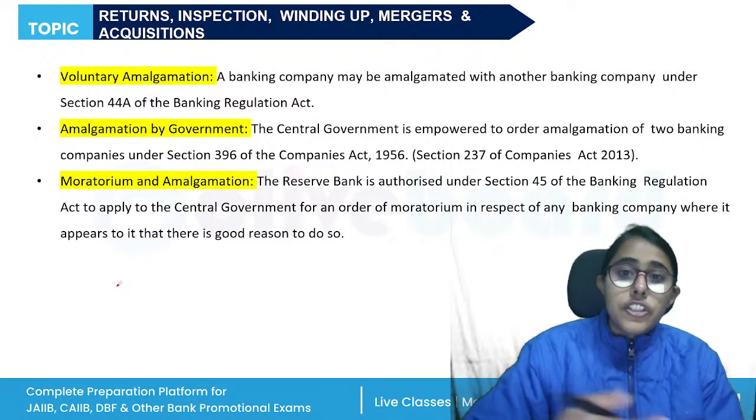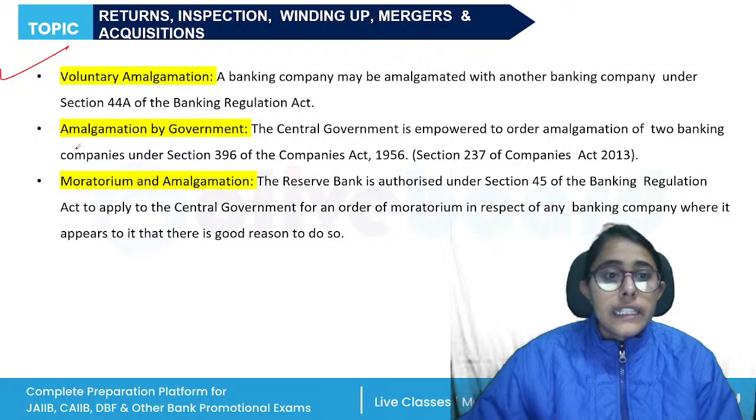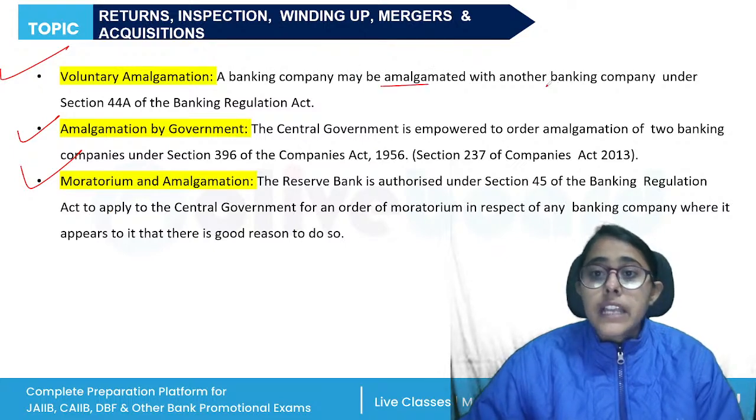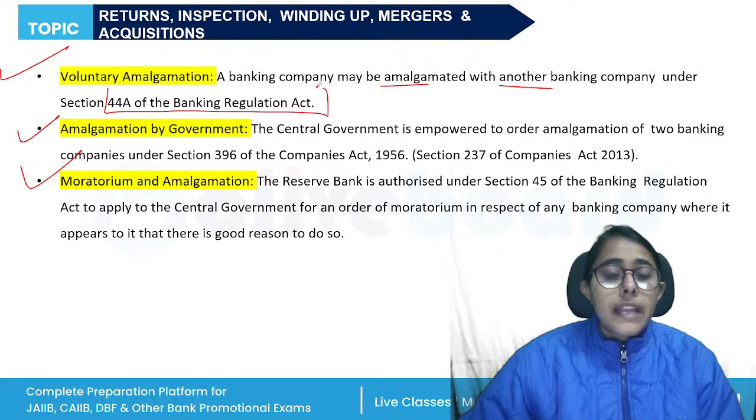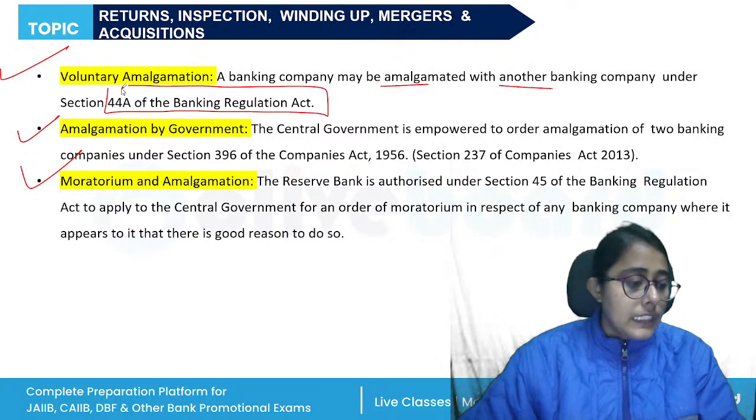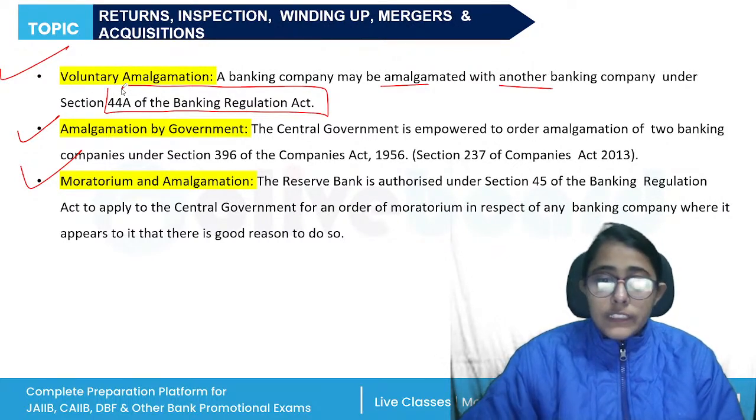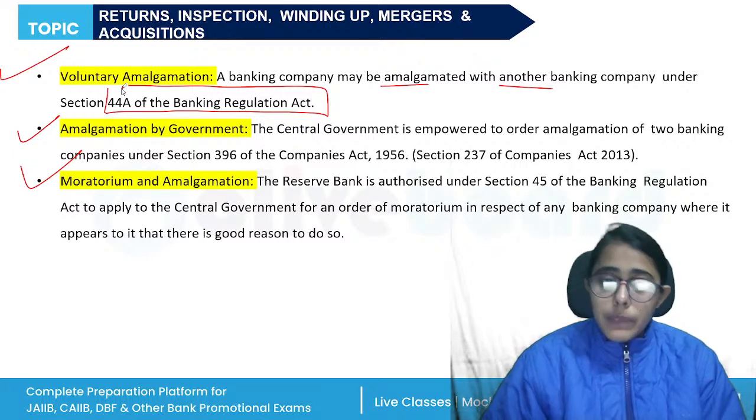These amalgamations can be voluntary, or the amalgamation can be by the government, moratorium and amalgamation. So a banking company may be amalgamated with another banking company under Section 44A of the Banking Regulation Act. So voluntary, on their own. For this purpose, again, a scheme has to be prepared.